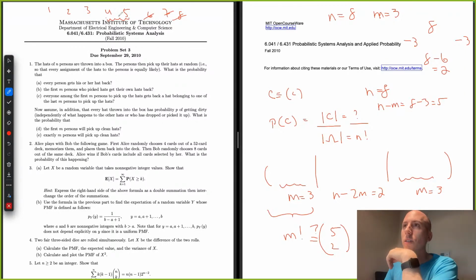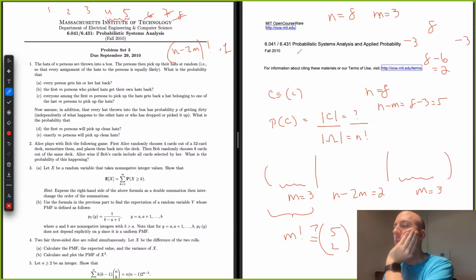I guess it's really just the number of ways that you can permute n minus 2m. That would just be n minus 2m factorial, and it'd just be times 1. So I feel like the number would be m factorial. And then for each of these, you can do this.